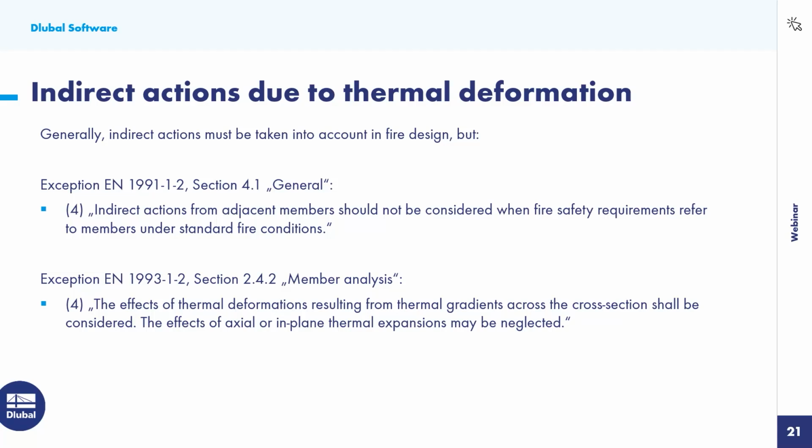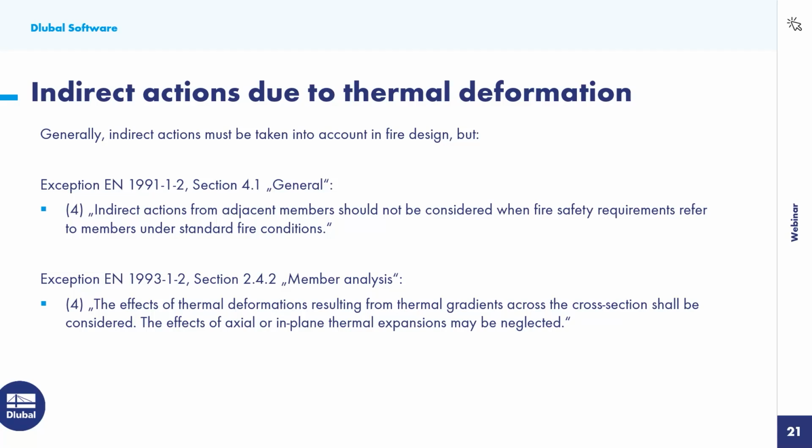So in Eurocode 1, part 1.2, section 4.2.1, it is written that indirect actions from adjacent members should not be considered when fire safety requirements refer to members under standard fire conditions. And then there is also the clause in Eurocode 3, part 1.2, section 2.4.2, that the effects of thermal deformations resulting from thermal gradients across the cross-section shall be considered.